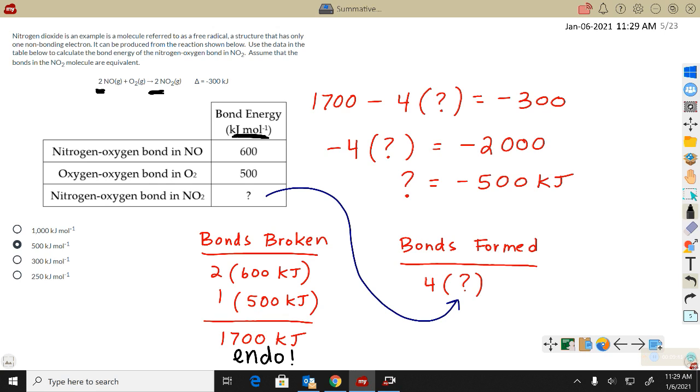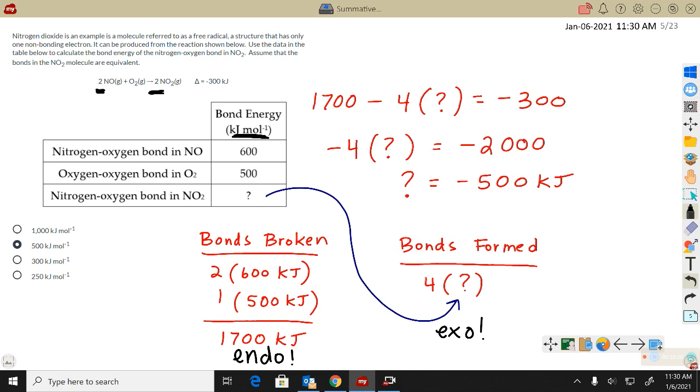And so the key is that to understand this process, we have to know that bond energy is defined as an endothermic value. It's defined as energy I have to add to break a bond. But it's also the amount of energy released when the bond forms. And so when you're forming bonds, it's the same quantity, the same numerical value, but now it's exothermic because we're going to release the energy when we form the new bonds.